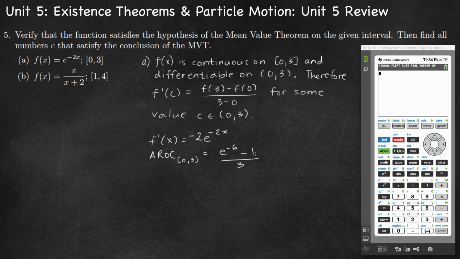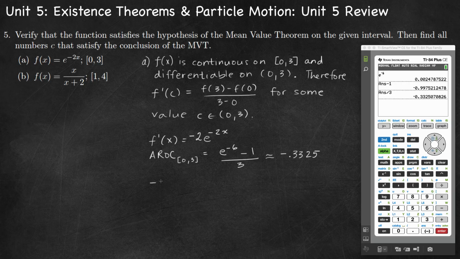So I'm just going to find this now on my calculator. So we have e to the negative 6 minus 1 divided by 3. Okay, so negative 0.3325. Somewhere my derivative is going to equal that value.